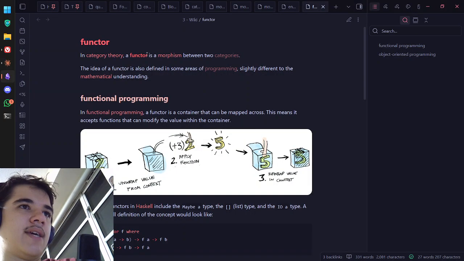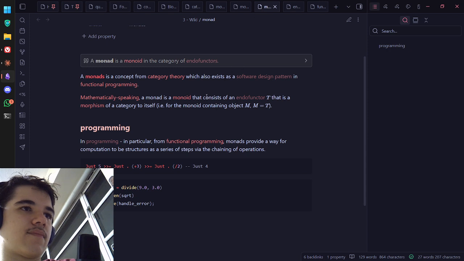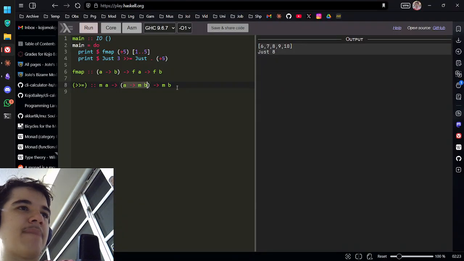So this would be the endofunctor that returns itself, right? It maps to itself, which is why we have this kind of thing, I guess. And then yeah, it returns itself. Cool. It kind of makes sense.